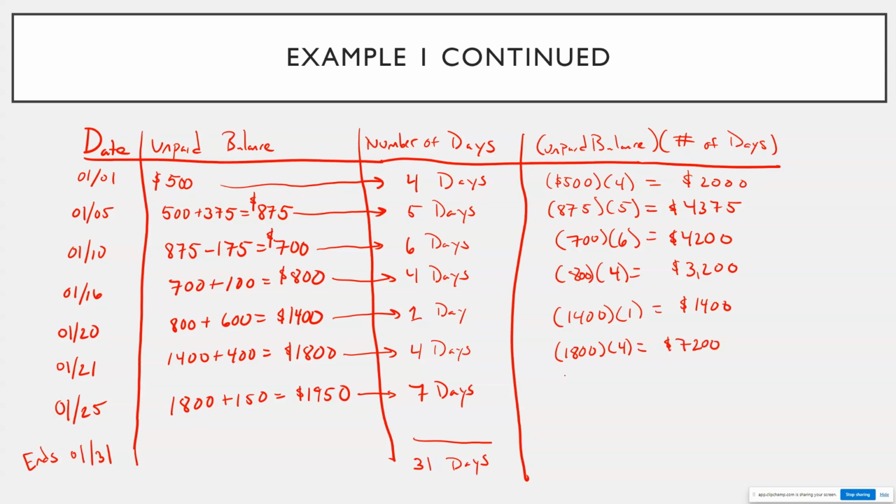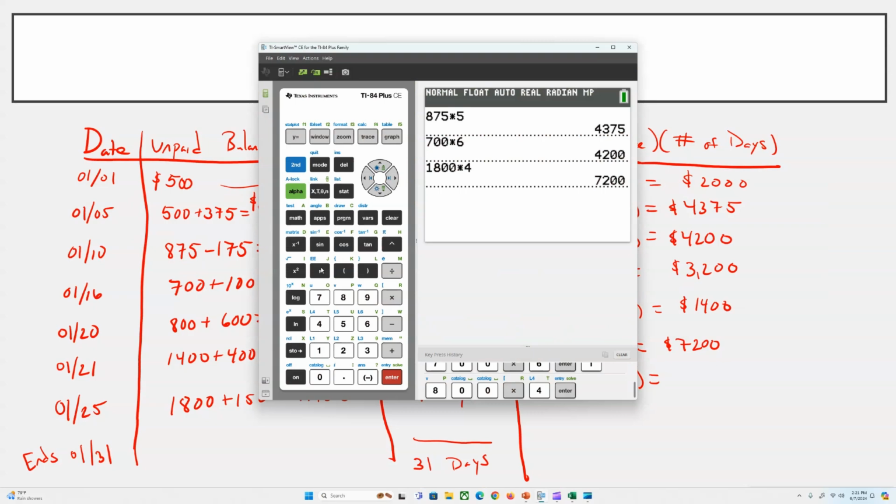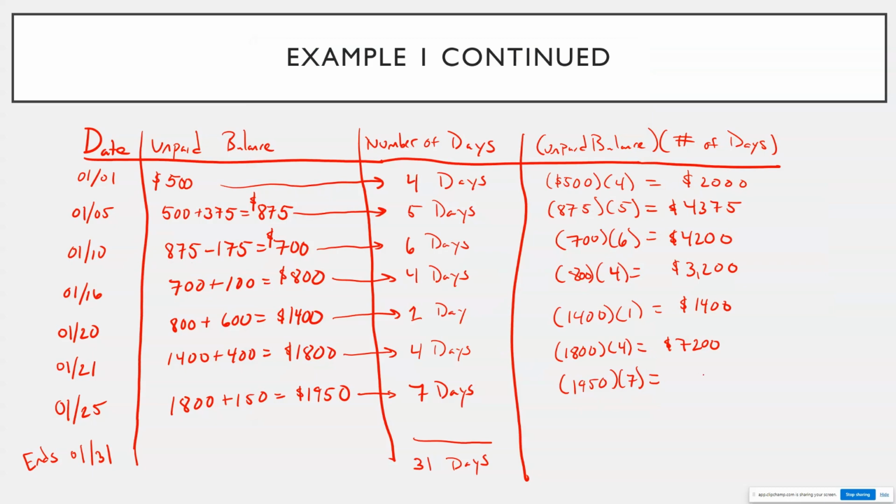And then finally, I'm going to take that 1,950 and multiply. This person carried that balance for 7 days. So that is 13,650. Whew, a lot of work there. All right.